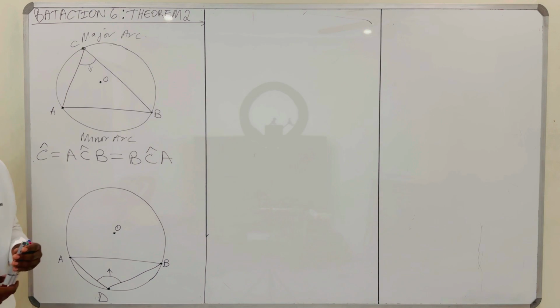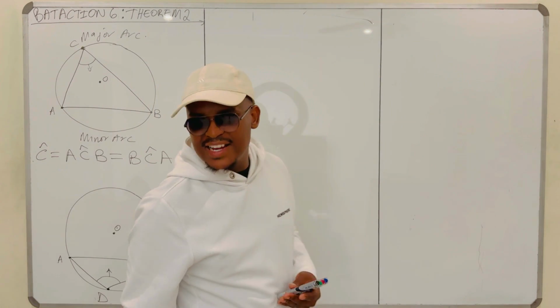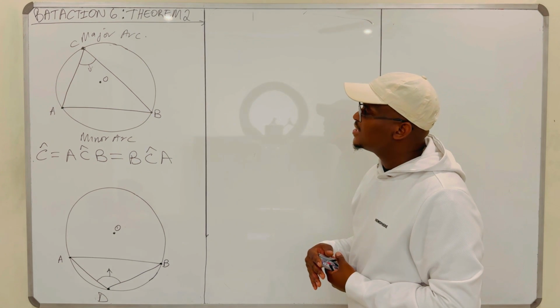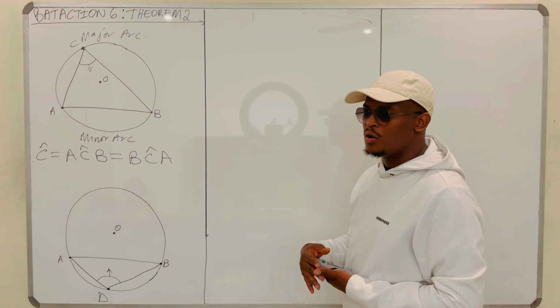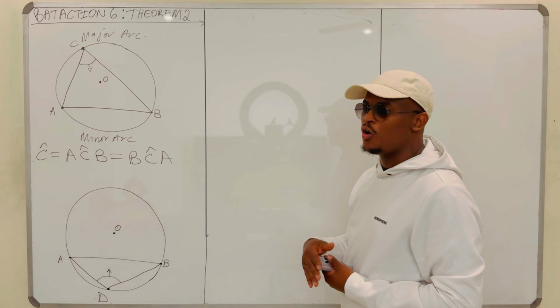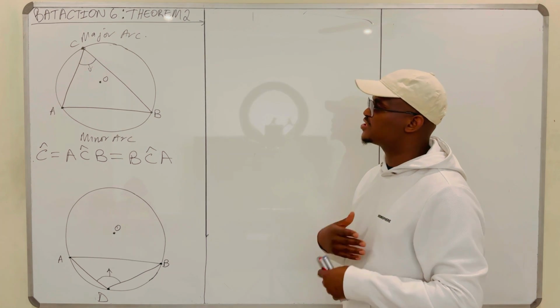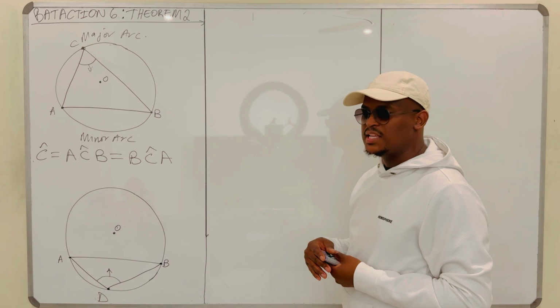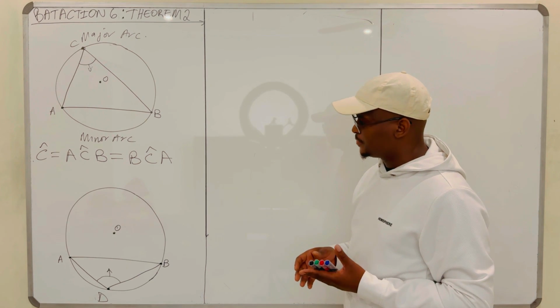Is everyone happy with that? Yes. So, that's what I needed to define first. An angle is subtended by a chord or major arc or arc. It doesn't matter. Even if you say chord or arc, fine. Is everyone happy? Yes. Fine.